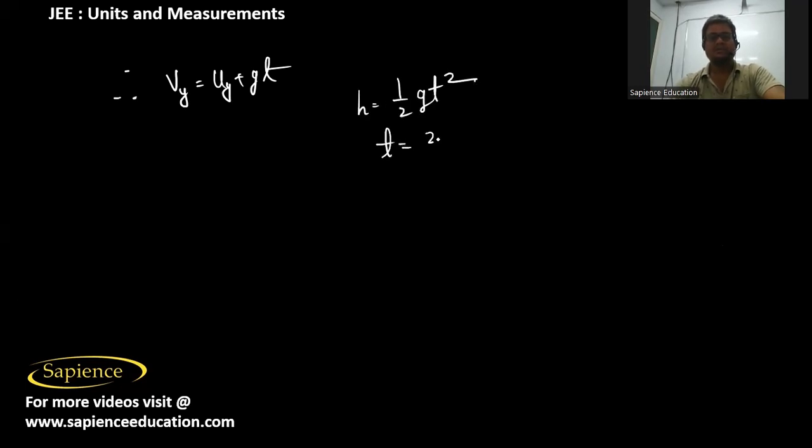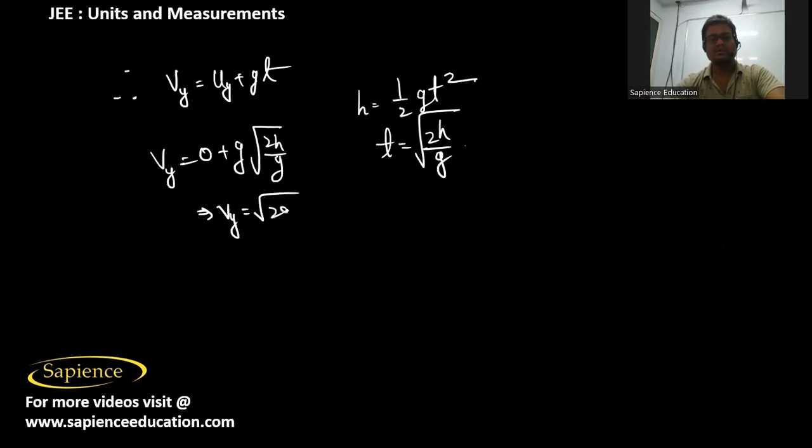So the time of flight will be root over 2h by g. So Vy is equal to 0 plus g into root over 2h by g. Therefore Vy will be equal to root over 2gh. And similarly Vx will be equal to ux only, it will remain constant, which is 5 meter per second.